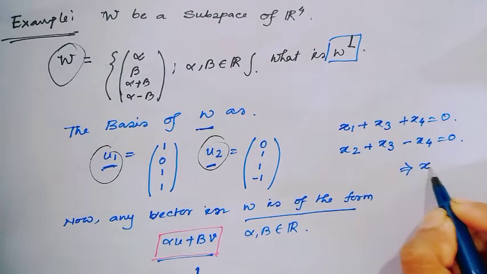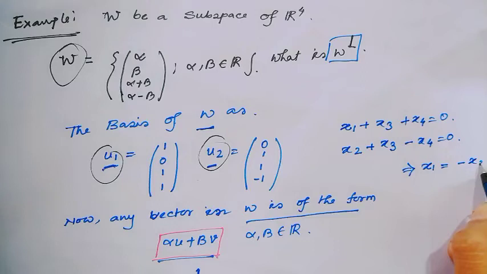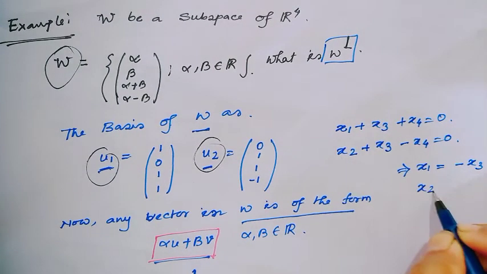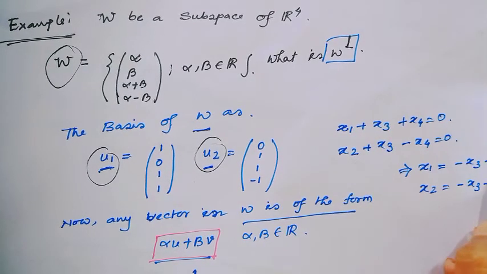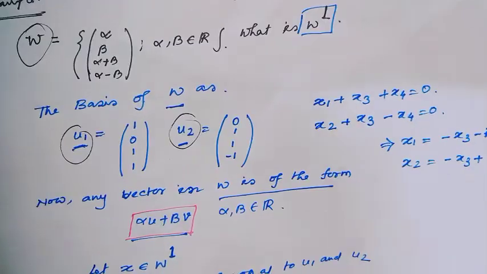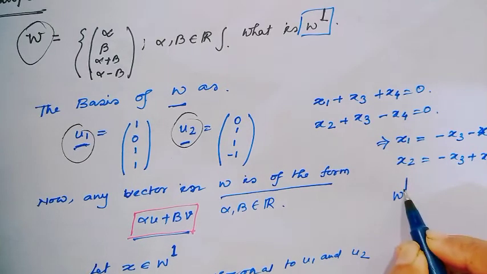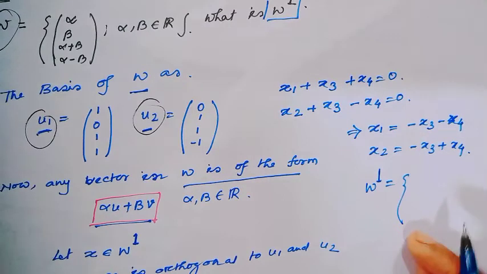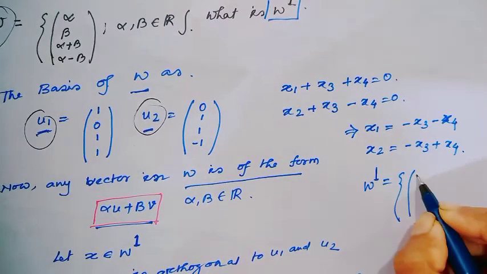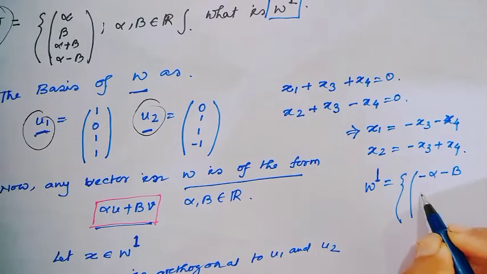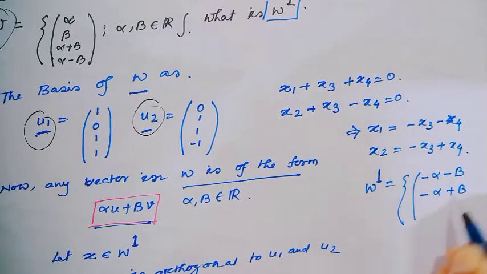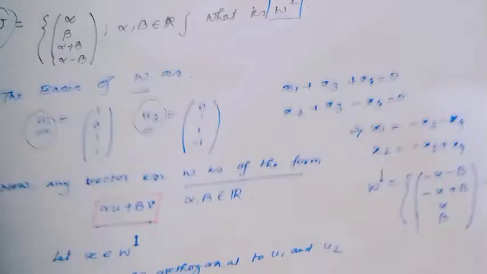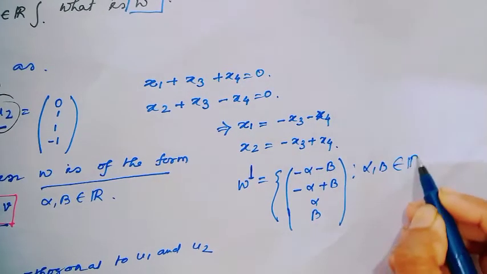That implies x1 equals minus x3 minus x4 and x2 equals minus x3 plus x4. Therefore, W perp contains vectors of the type (minus alpha minus beta, minus alpha plus beta, alpha, beta), where alpha, beta belong to R.